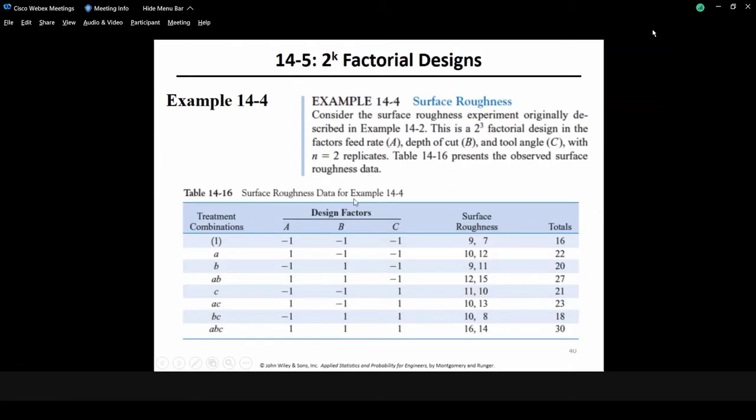Here you need to add one more column for the mean, or X bar.